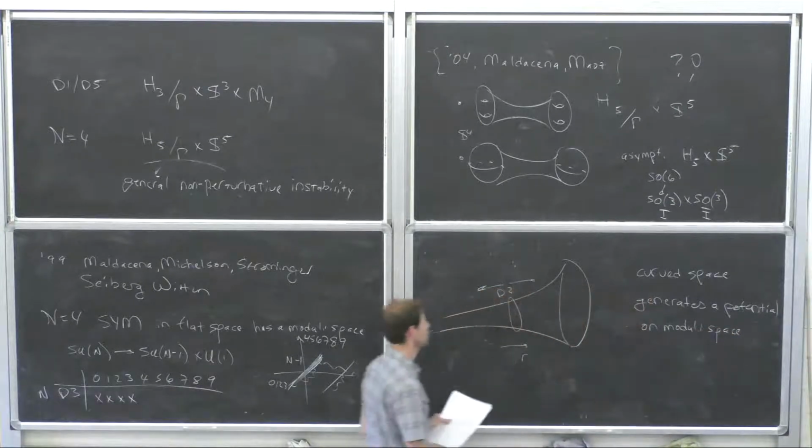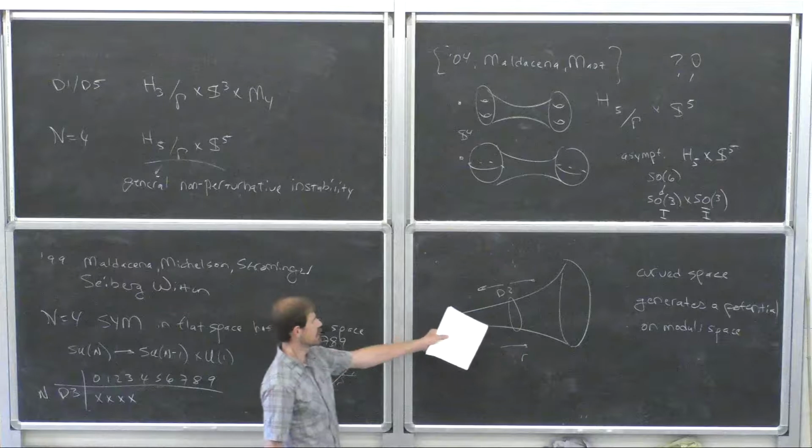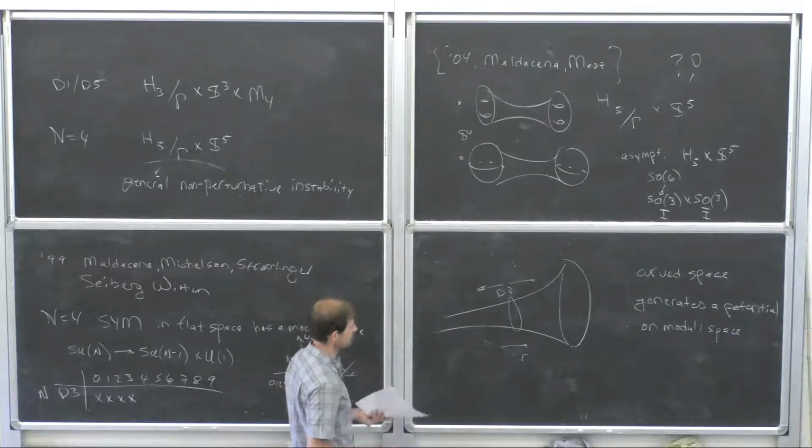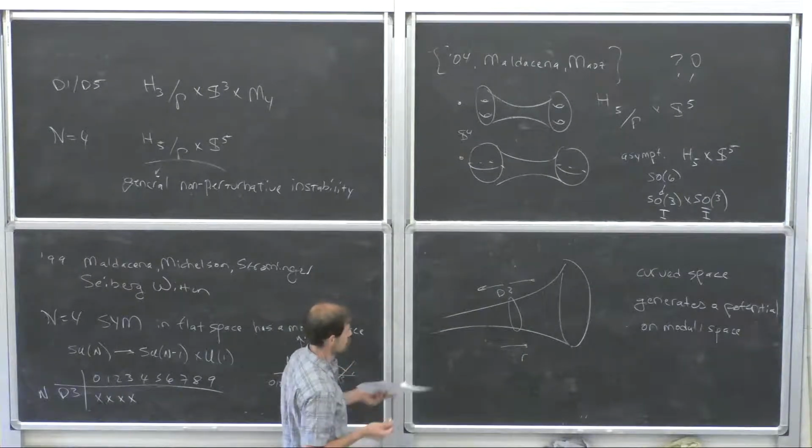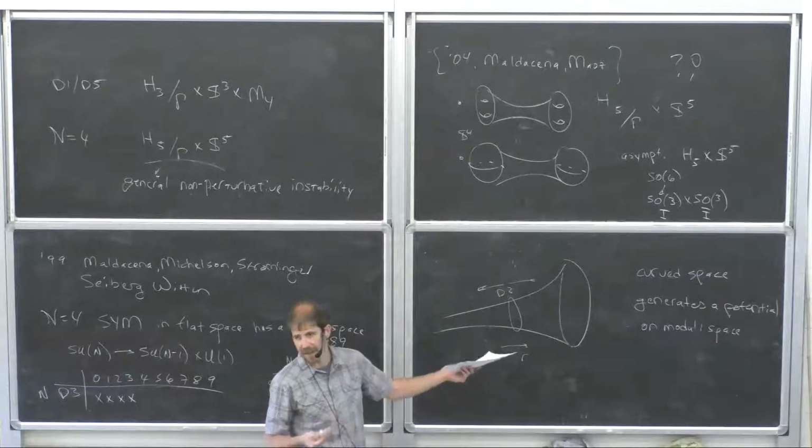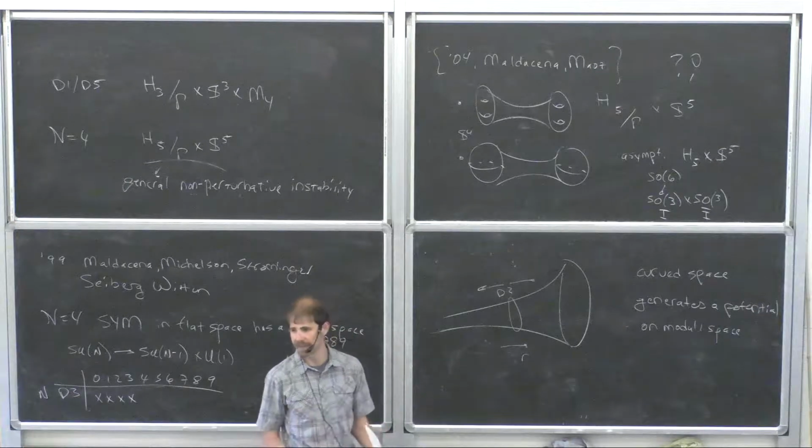What kind of potential do you get? Well, you can study the potential from a variety of angles, whether you look at a probe D3 brane in AdS or just from a microscopic consideration.